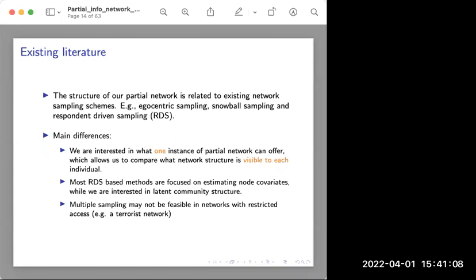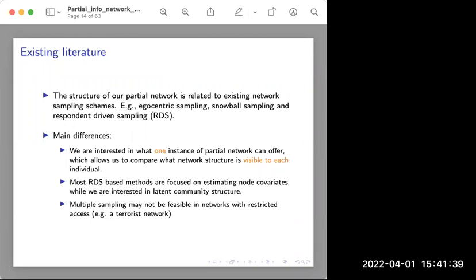And some other differences include, RDS-based methods are often used to estimate node covariates. For example, you want to estimate the proportion of HIV positive people in the population, or the proportion of stray youth. It's used as a way to sample hard-to-reach subpopulations. But in our case, we are interested in estimating latent community structure.